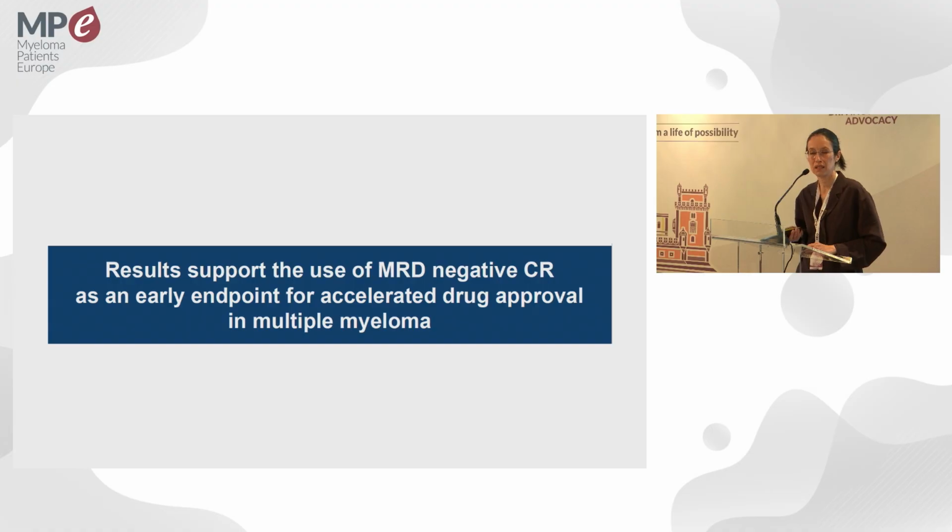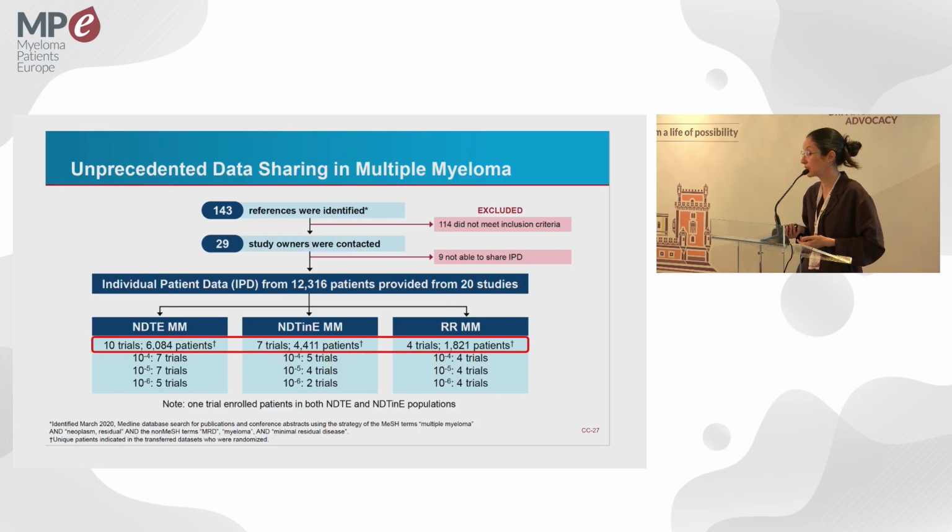So I think this is a very important step forward in the development of treatments, of treatment combinations, treatment strategies in patients with this disease. So basically, just for you to know the amount of data that have been analyzed, these are the results of the I2 team effort. You can see in the slide that more than 10,000 patients.